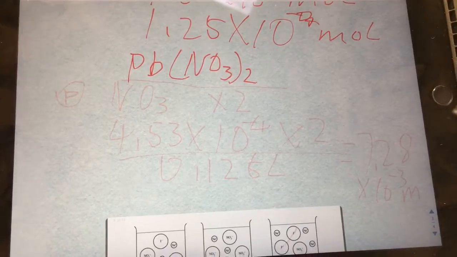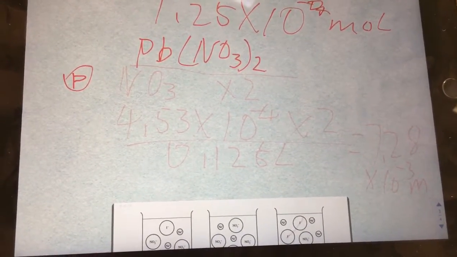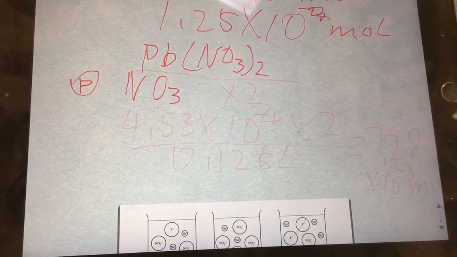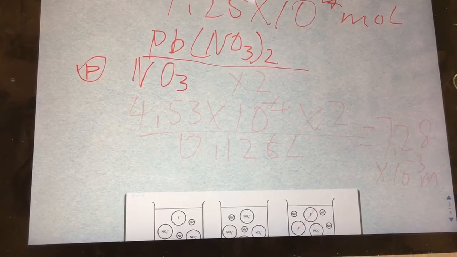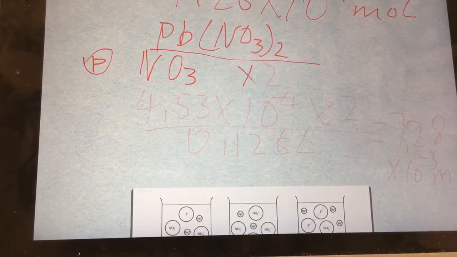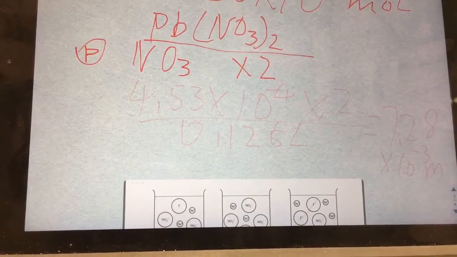Now for part D, we need to calculate the molar concentration of NO3. As we know, in this compound, NO3 has 2 times the moles.